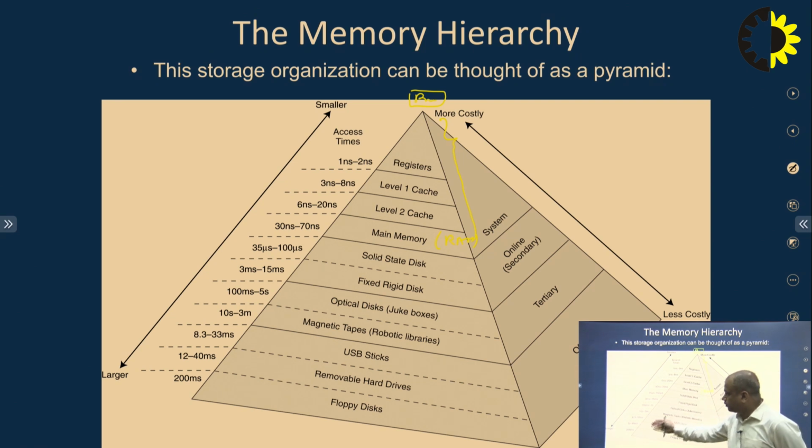As we go down, the access speed decreases, and going up, the access speed increases. This kind of storage is called primary storage, or system storage. This is secondary storage, and this is tertiary storage. These are offline storage because we can carry these devices out of the CPU. This is the most important question asked in examinations, the memory hierarchy.